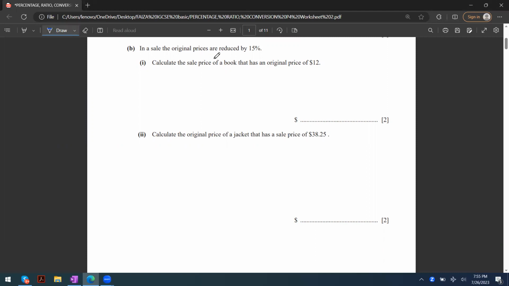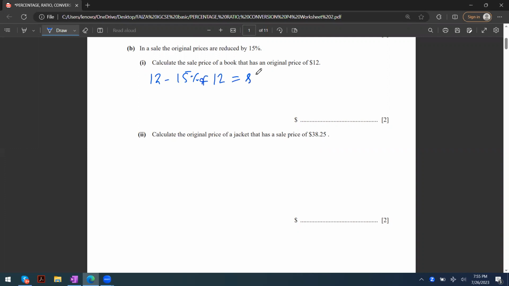Next. In a sale, the original prices are reduced by 15%. Calculate the sale price of a book that has an original price of 12. Sale price is going to be less than the original price, right? So original price is 12. 12 minus 15% of 12.